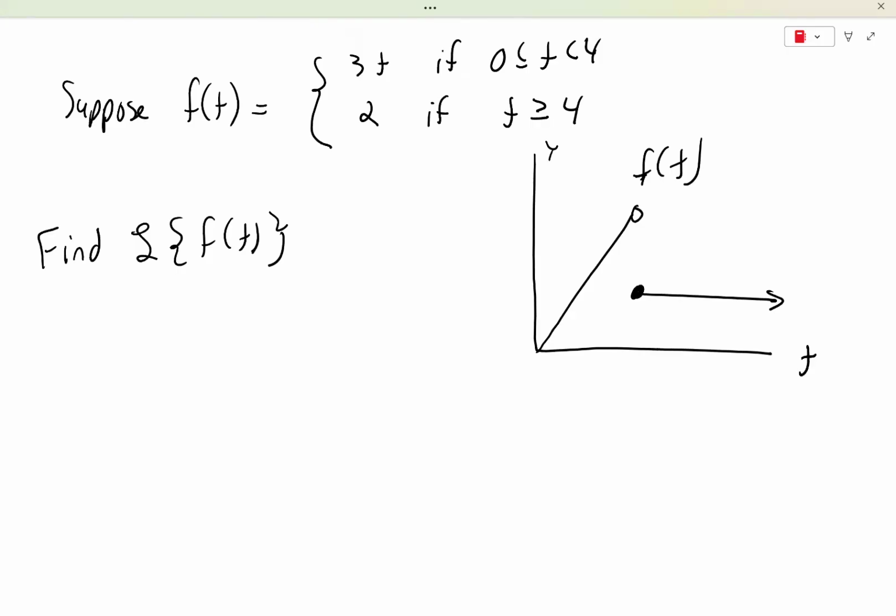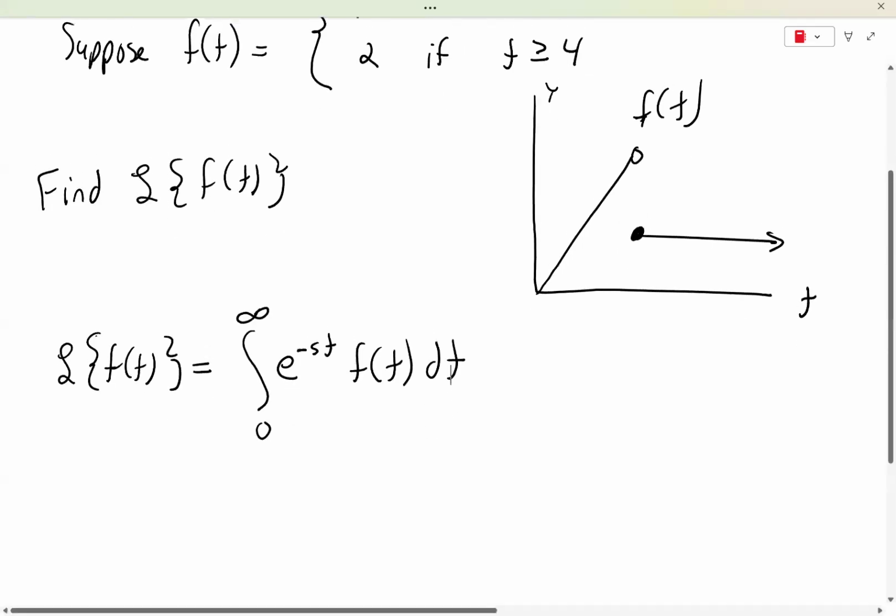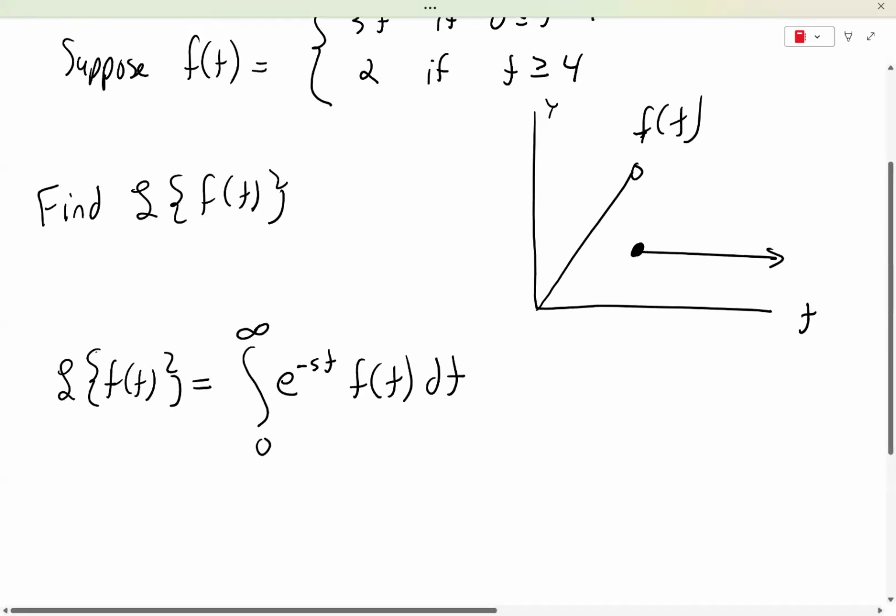The Laplace of f of t is equal to, by definition, an integral of e to the negative st f of t dt. This is called the Laplace transform. Notice s is like a constant here. You have the letter s, and then you integrate with respect to t. So how does this go?